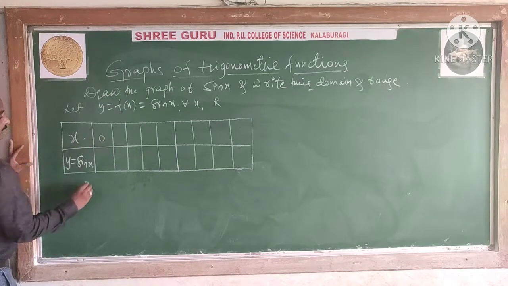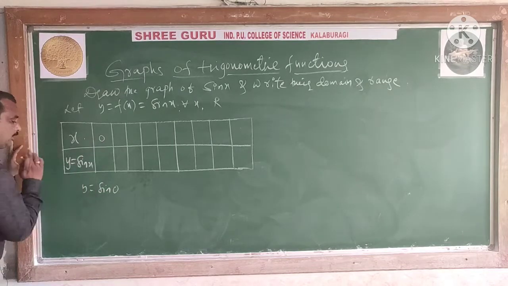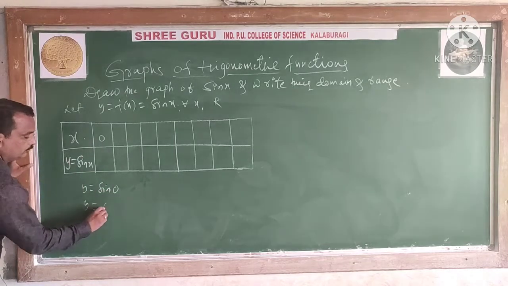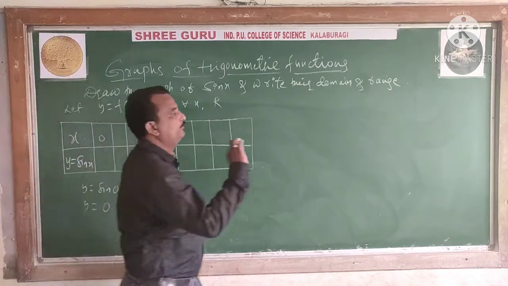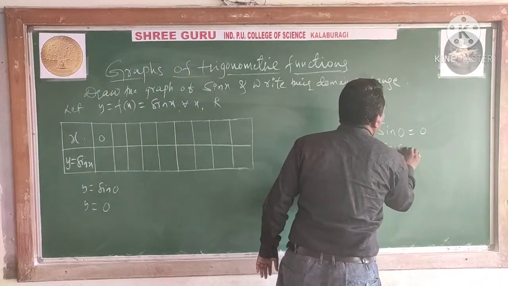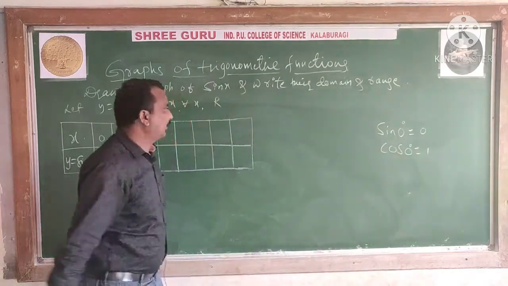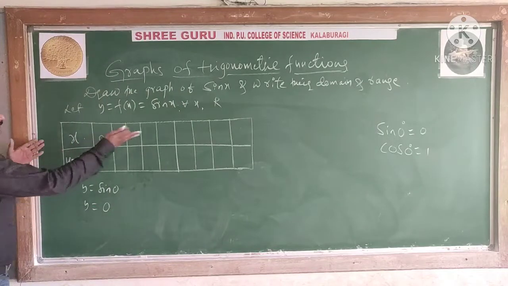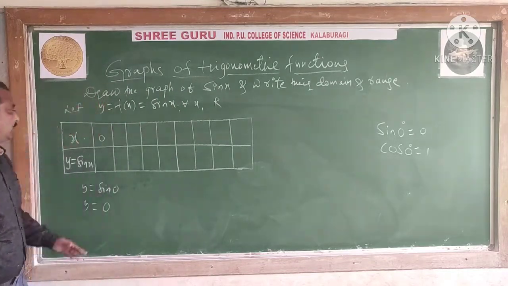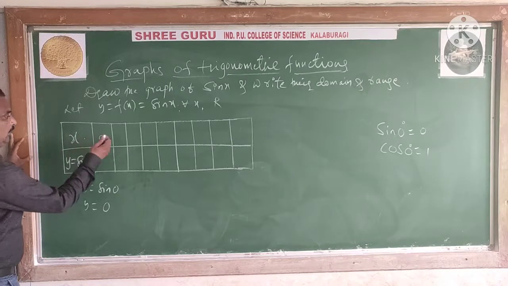For x equal to 0, y equal to sin 0. Sin 0 is 0, but cos 0 degree is 1. So in terms of radians, we take the set of all real numbers. Sin 0 is 0.